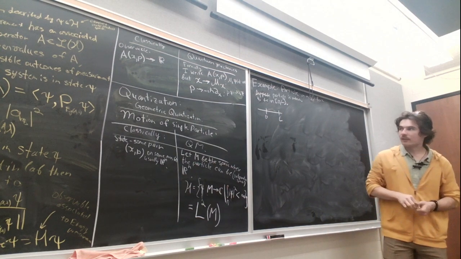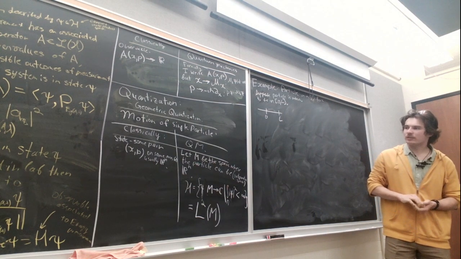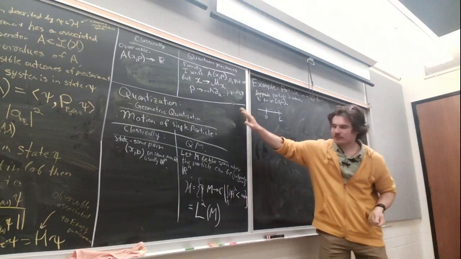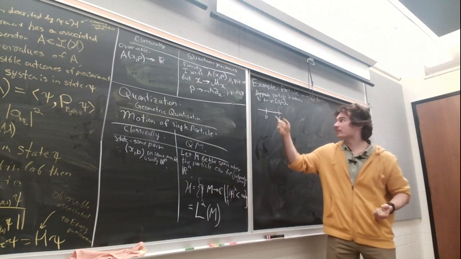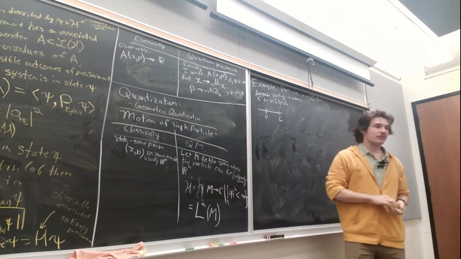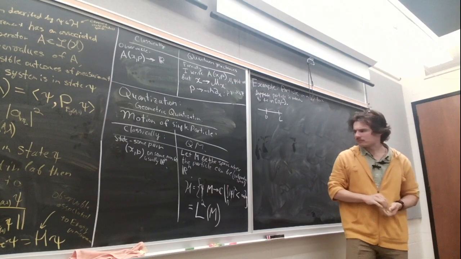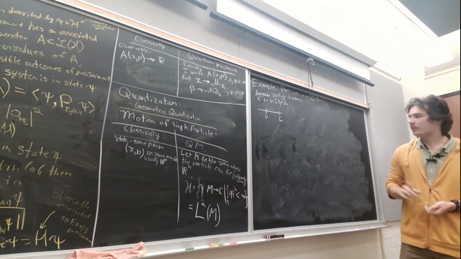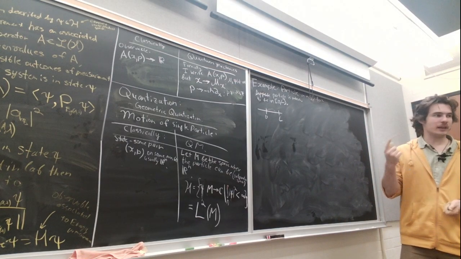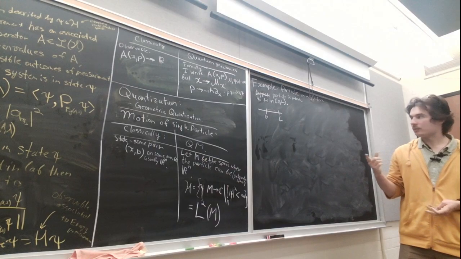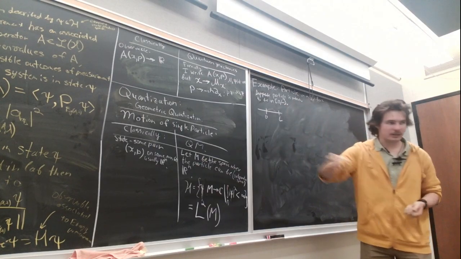This is precisely what in here? Out of the stuff written here, which letter is this interval 0 to L? X. No. 0 to L is what x can be, the values x can take on. Yeah. But what's the space 0 to L? M? Yes.